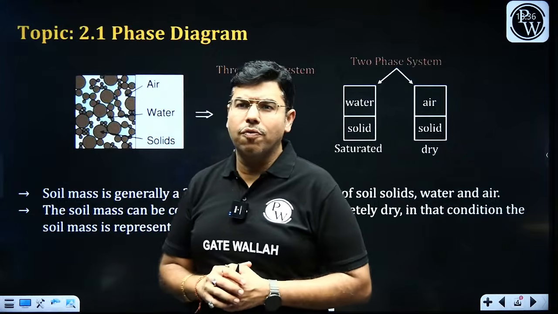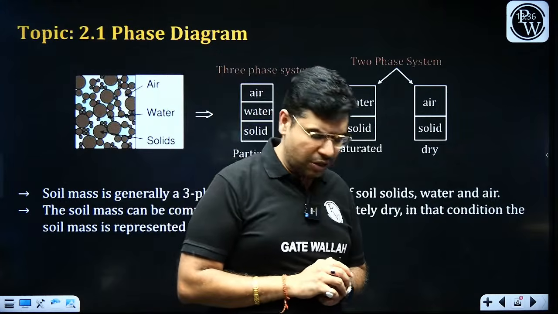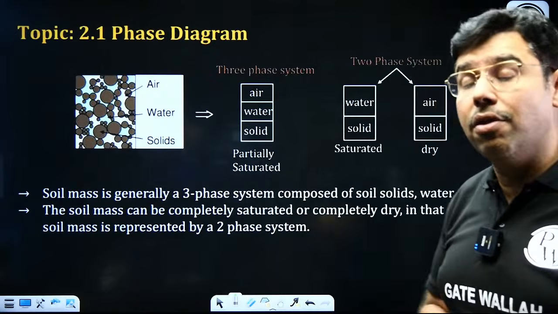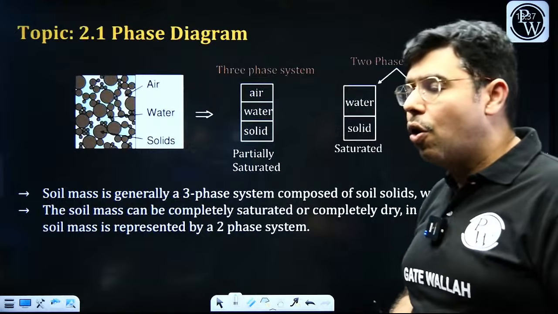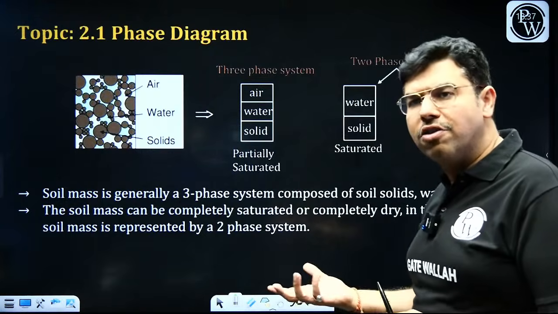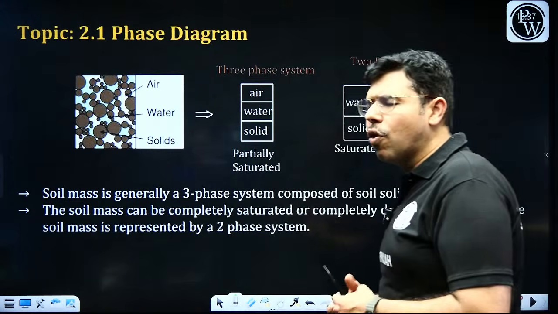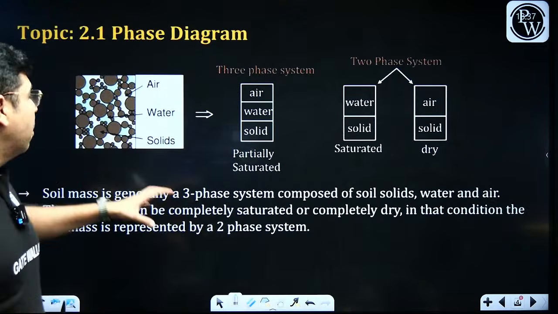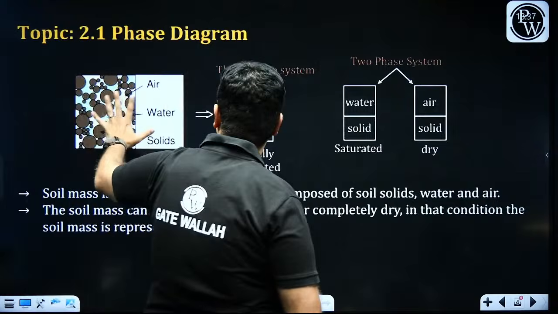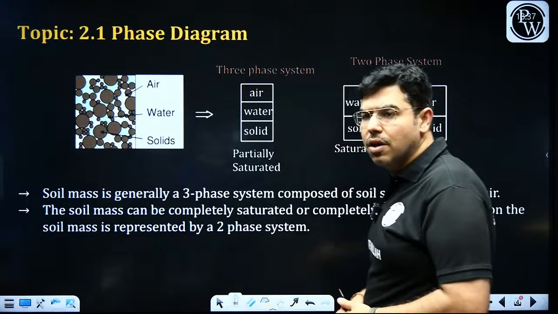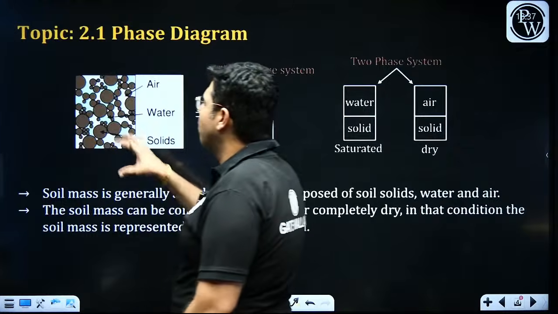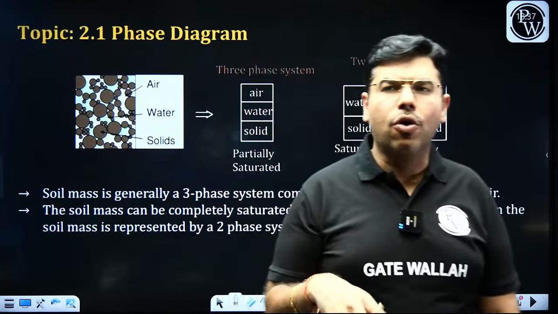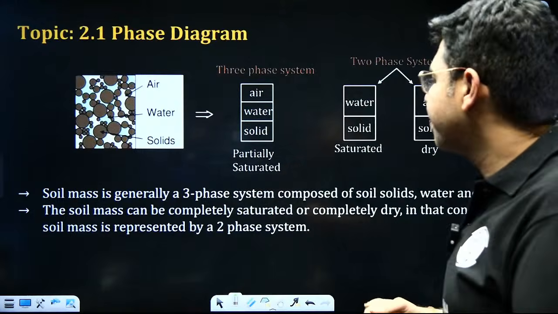So there would be a lot of void spaces in between the soil solids, and these void spaces may be either occupied by air or some voids may be occupied by water, or we can have a combination of both. So this is my random soil mass. It's a soil mass having a lot of soil solids, and between these soil solids we have a lot of soil voids, and these soil voids are occupied by air and water.